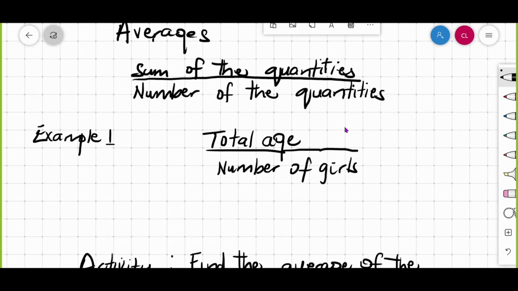So let's look at an example. The ages of 3 girls: 11 years and 3 months, 12 years and 4 months, and 10 years and 5 months. What is their average age? Let me write this out for you.